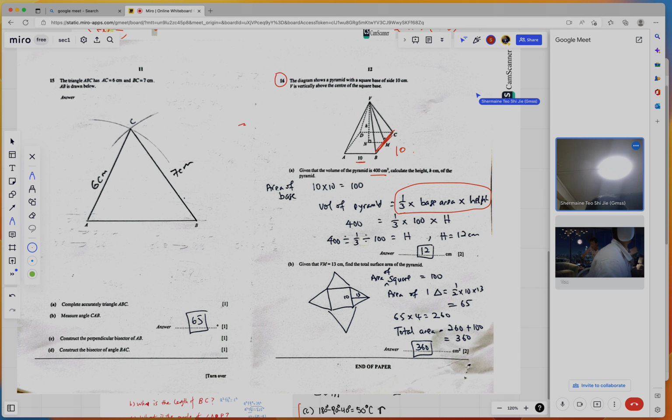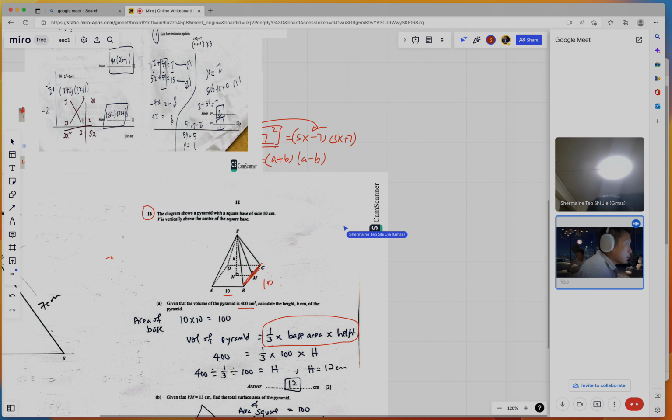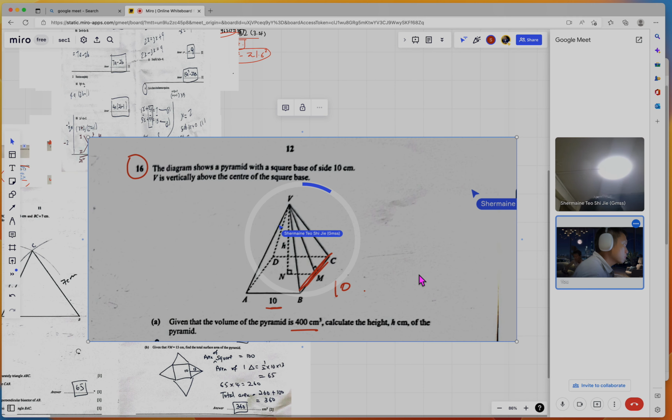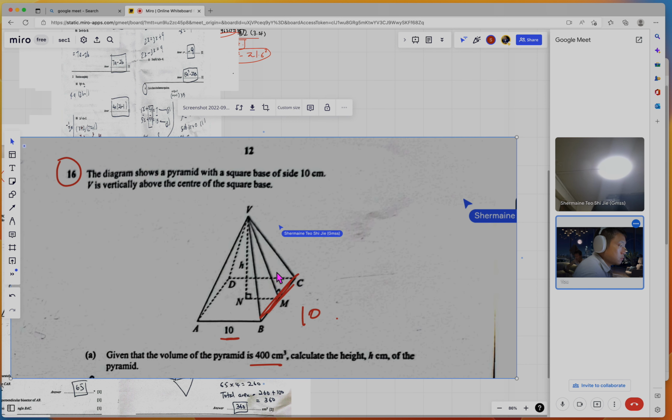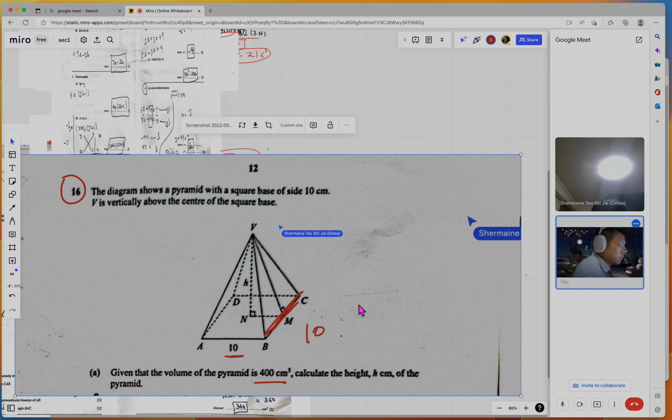Okay, good. Let me upload again. Can you see the question? I overlay the question on top of the PDF, so you should be looking at this.